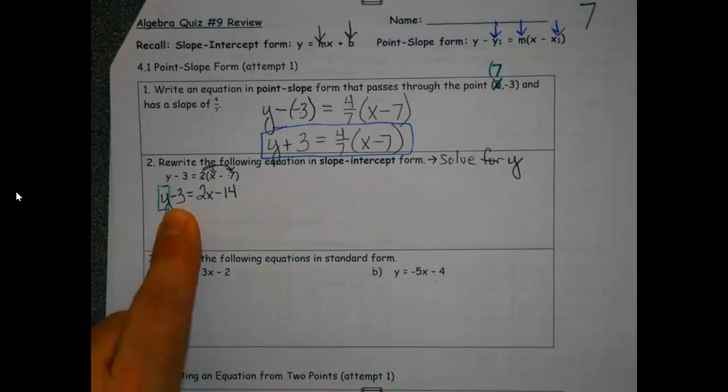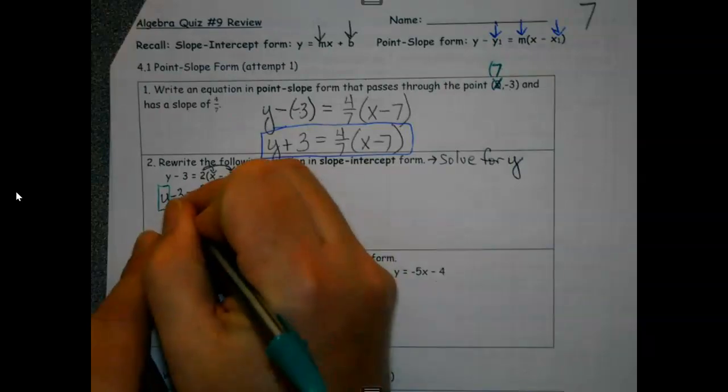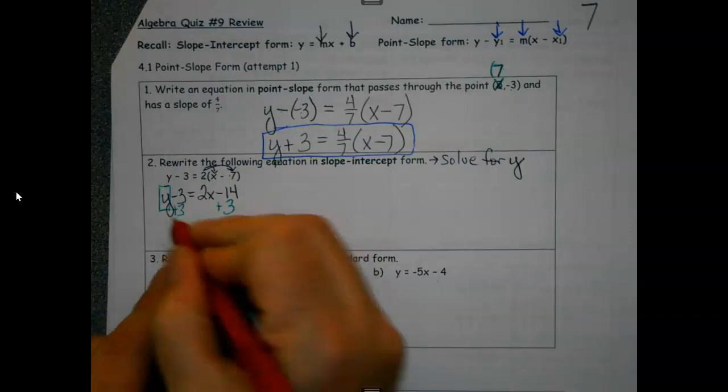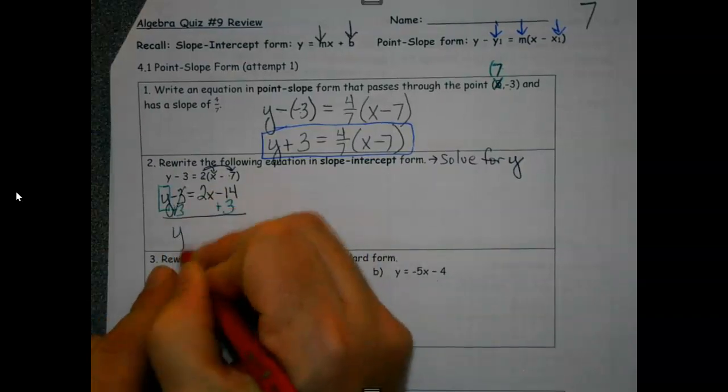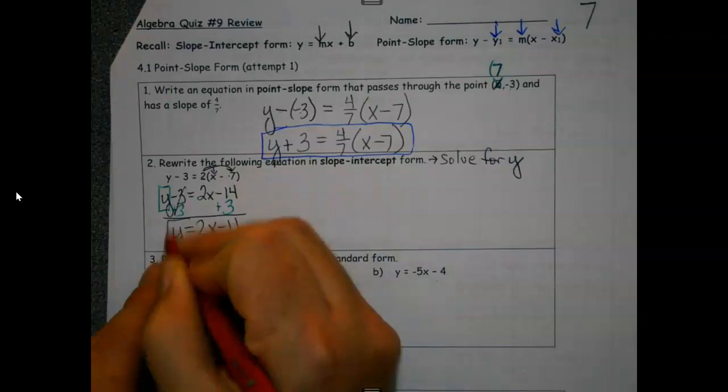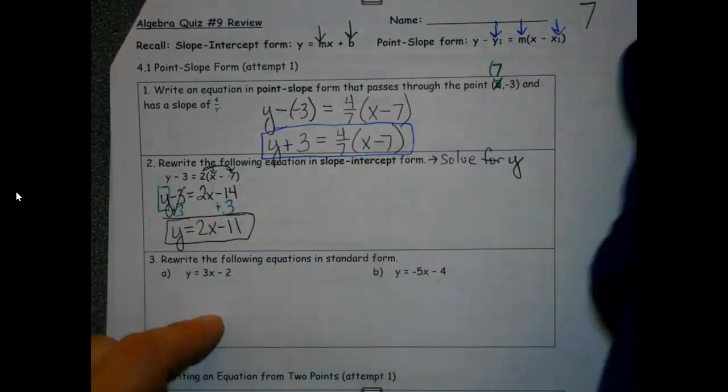What's the opposite of that minus 3 that's there? One step of opposite. Y is by itself. And we're good.